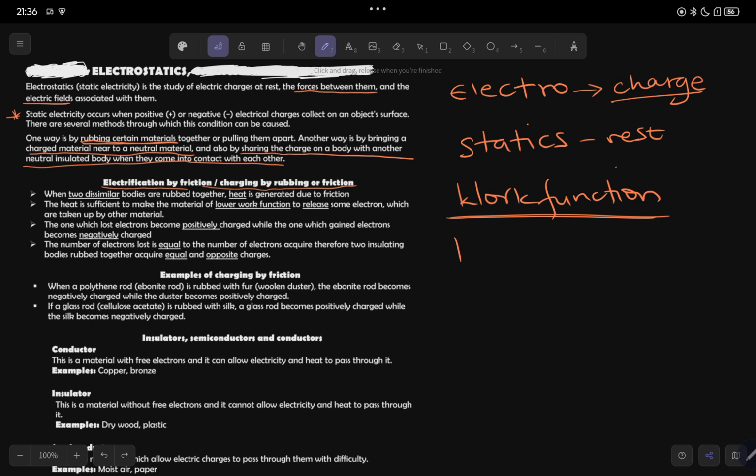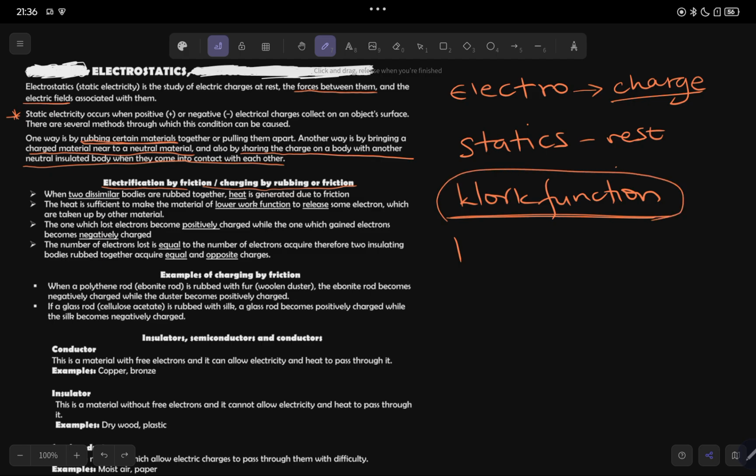When we rub two bodies together, heat is generated. Now, if this heat energy is taken up by the electrons, this amount of heat energy can either be less than, equal to, or greater than the work function that we have talked about.